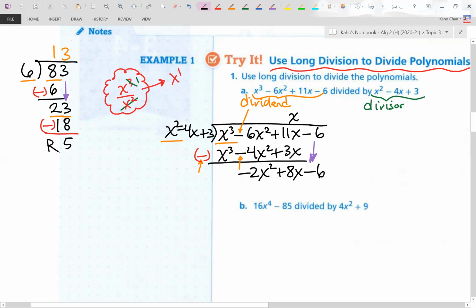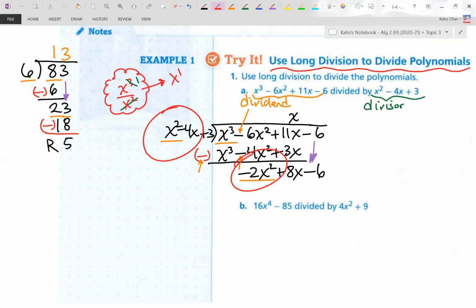Okay, so let's go to our polynomial here. And we have a new leader. This is actually called the depressed polynomial, negative 2x squared plus 8x minus 6. So we ask ourselves in our head, what times x squared will give me negative 2x squared? We're checking to see what will give me that term in the depressed polynomial, negative 2x squared plus 8x minus 6. And we only focus on the front half, right?